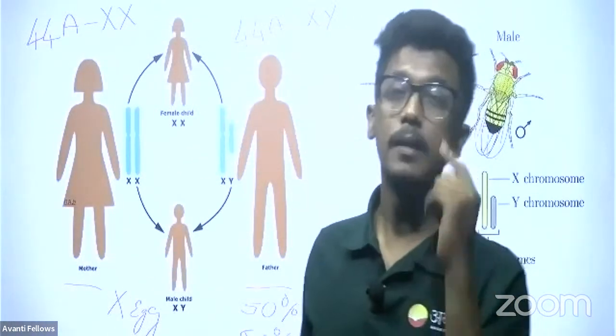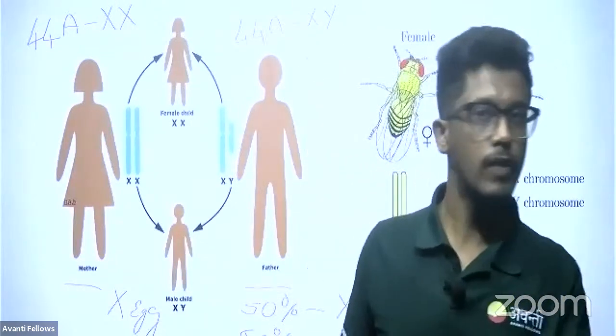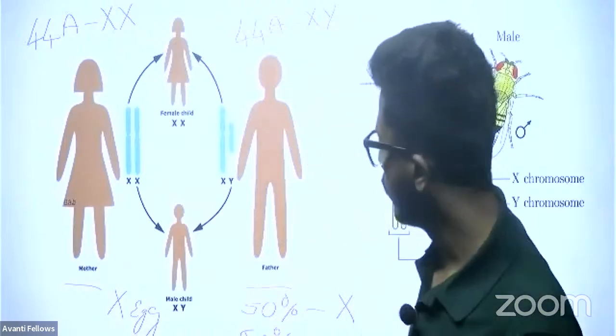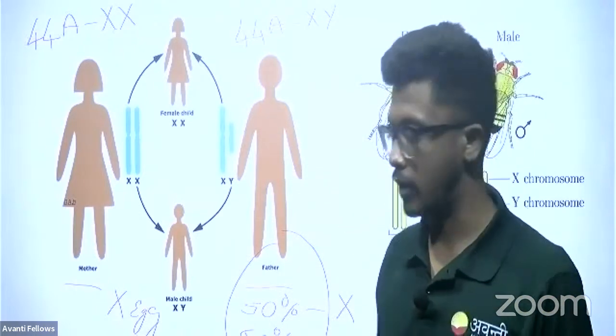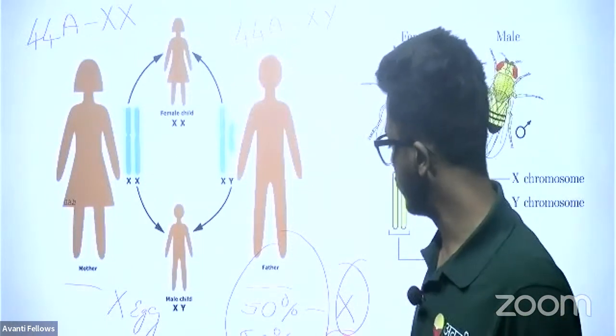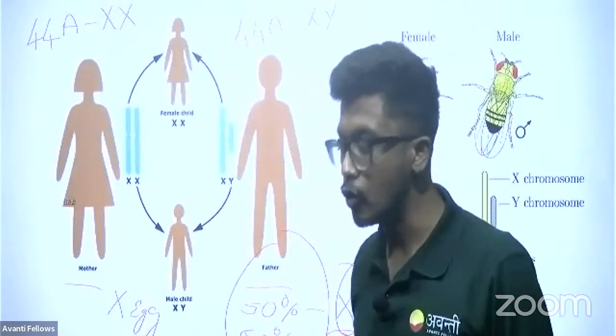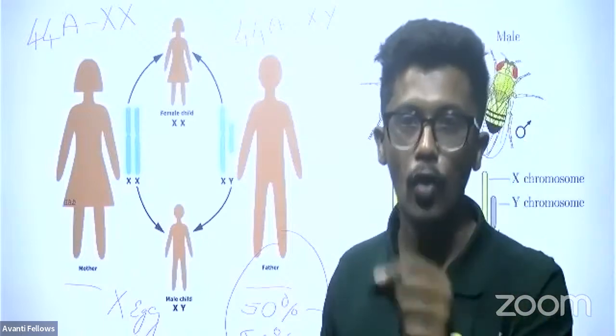That is called female homogamety. Homo means same, gamety means formation of gametes. Okay. Now you see the father. The father is producing two different types of gametes. One is X type of gametes, the other one is Y type of gametes. So since he's producing two different types of gametes, we call it what? Male heterogamety.